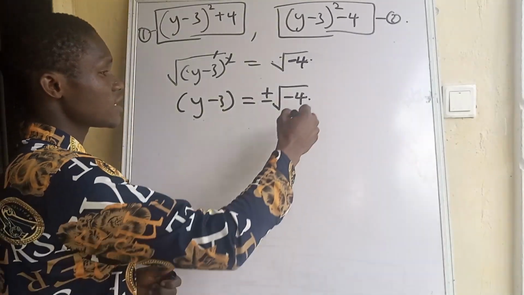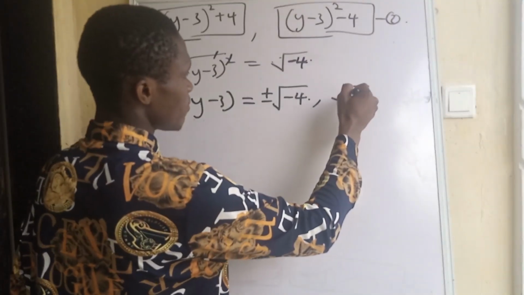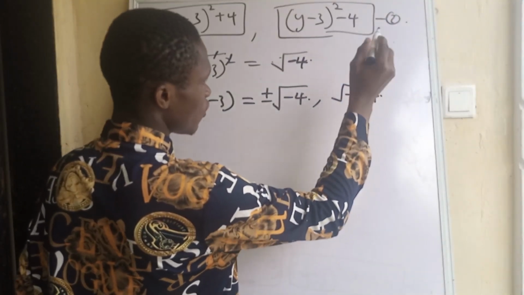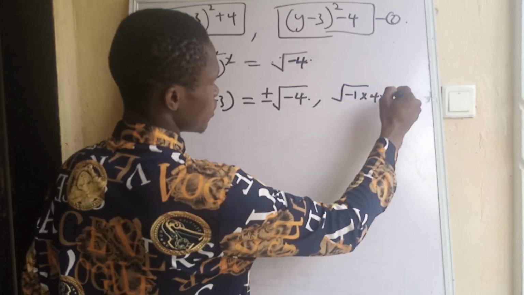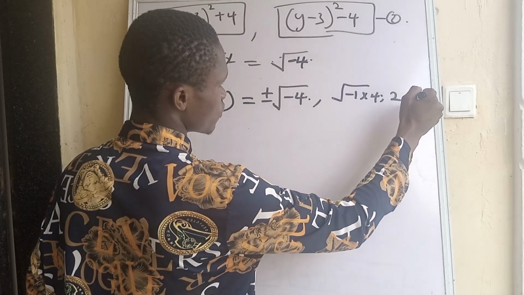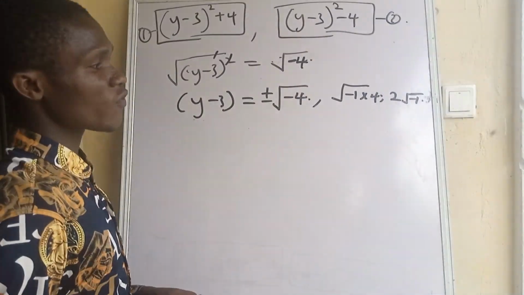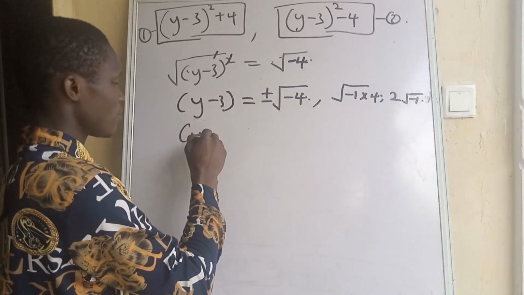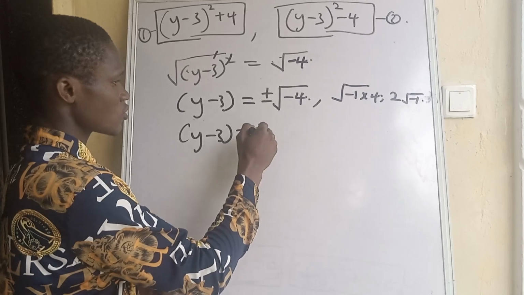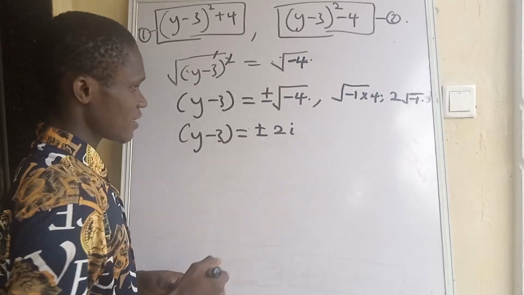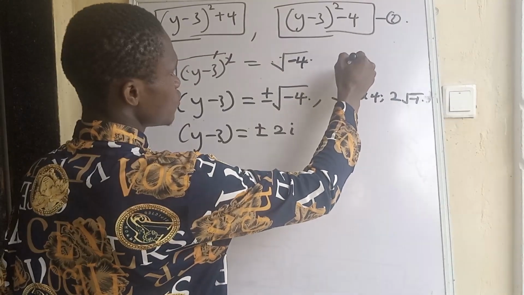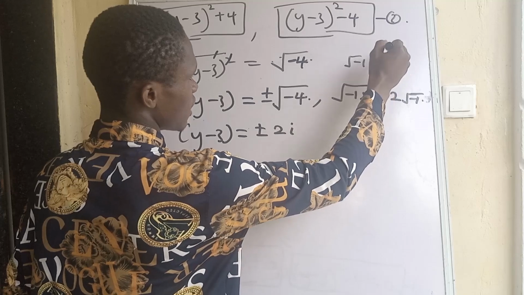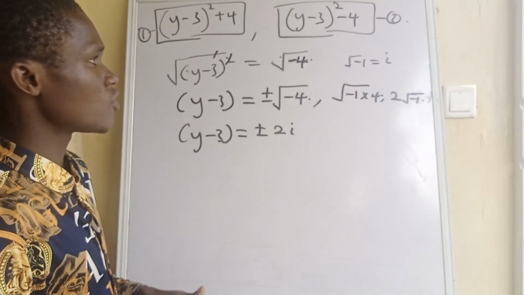We can write this in complex form as minus 1 times 4, which gives us 2 root of minus 1. And we know the root of minus 1 in complex form gives us i. So y minus 3 equals plus or minus 2i, because the root of minus 1 equals i from complex numbers.